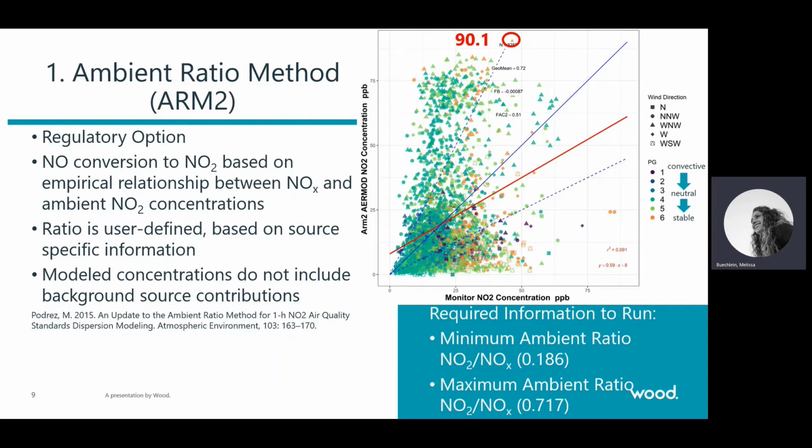The red line is the linear regression, and although there's a lot of noise in the data, ideally the results would have a 1-to-1 ratio, causing the red line to overlap the blue solid line. The scale on each of the coming figures is different, so I identified the maximum concentration here of 90.1 ppb, which is of the same order of magnitude as the monitor concentrations.